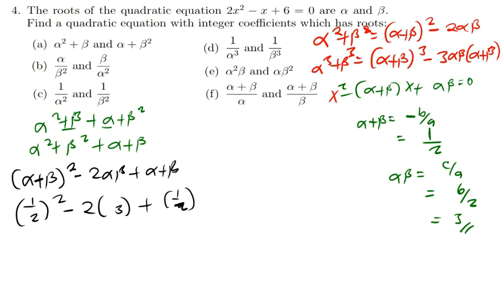The one for the sum. We're going to have 1 over 4 minus, this is going to give me 6, then plus 1 over 2.